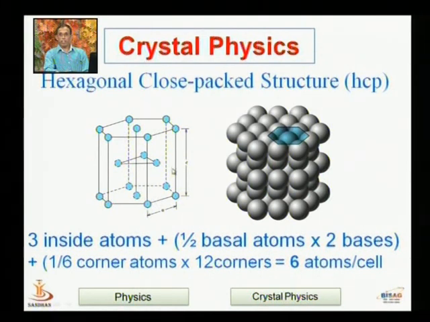So they are not shared with the other cells, so they are completely lying within the cell. So 3 inside atoms. So 3 atoms plus 1/2 into 2 plus 1/6 into 12 corner points. So the number of atoms per cell is equal to 6. Similarly, we can say that in case of HCP lattice, the number of points per cell is also 6.